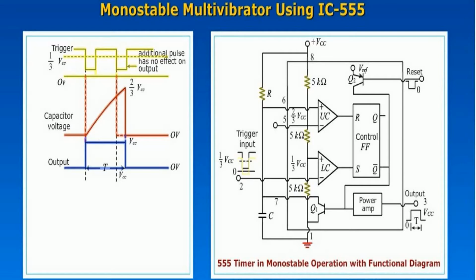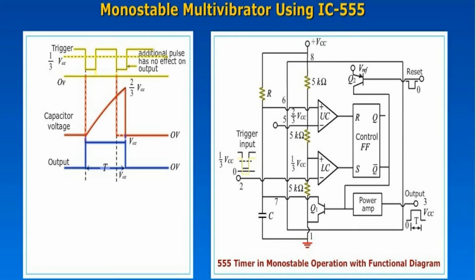The SR flip-flop output Q bar is also connected to the transistor Q1 base, hence the transistor Q1 goes to the off condition. The transistor Q1 is off, it acts as the open switch.